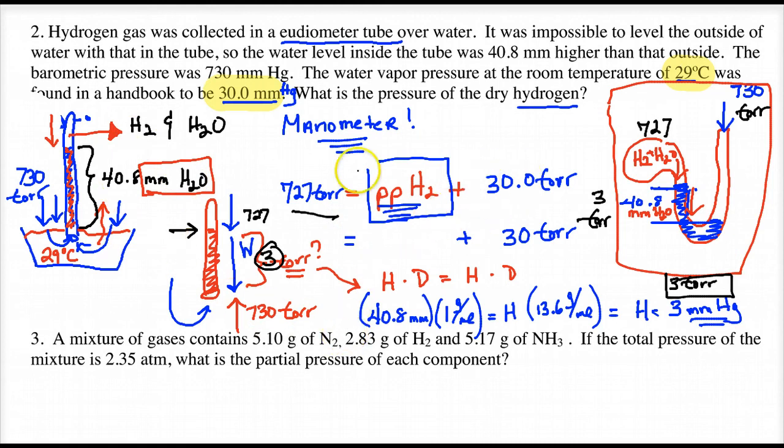Then I'm using Dalton's Law second, using the idea that when we collect gas over a liquid, we have a what? A vapor pressure of water at a particular temperature has its own unique partial pressure. So 727 minus 30, and that's our answer. And of course, this is equal to, okay, let's change it, orange, okay, 697 torr.